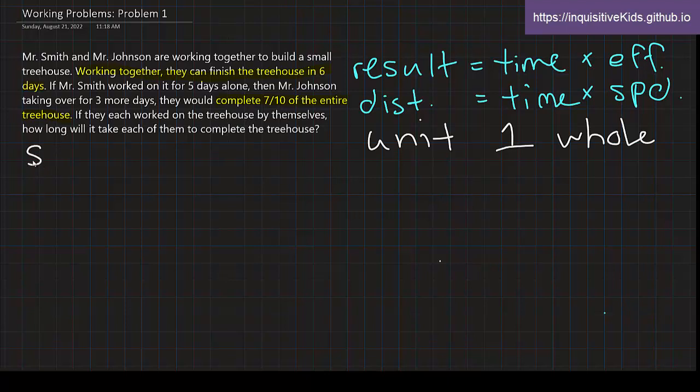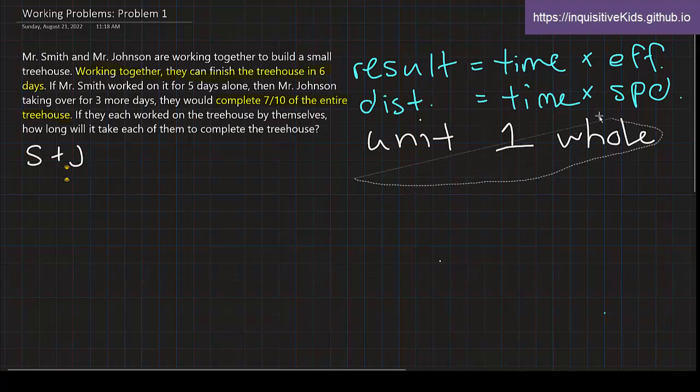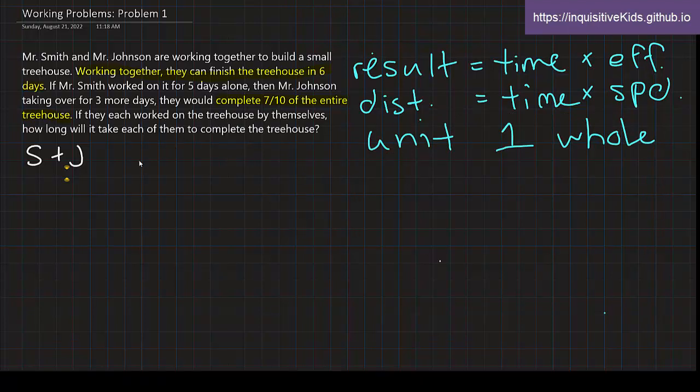Now, I'm going to set S and J. Well, actually, let me first color this blue just to match. Okay. So we have 2 different people working on this, Mr. Smith and Mr. Johnson, right? And they work at 2 different speeds that are constant, or should I say efficiencies.